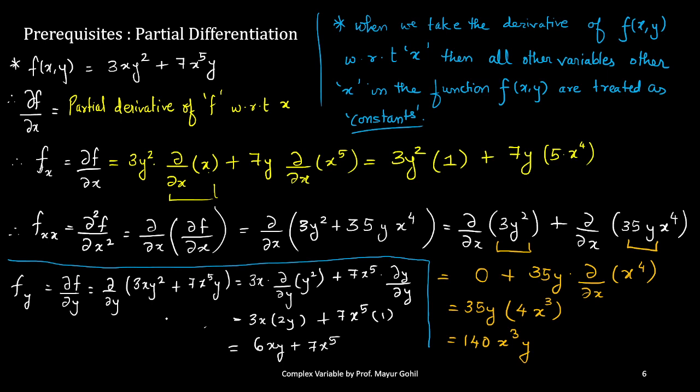Now let us go and see how to calculate the partial derivative using the UV rule. So for the UV rule, first let us understand what the UV rule is for partial derivative, and the division rule also, because these are two very important rules.